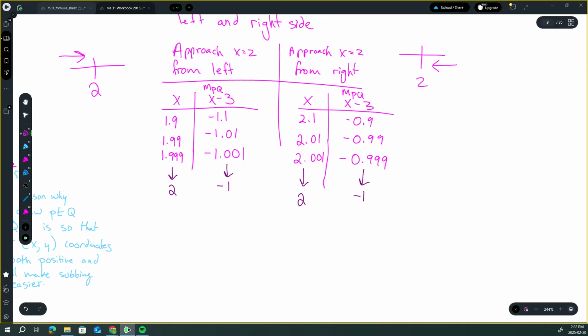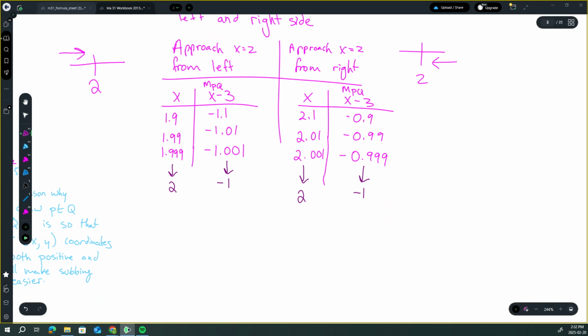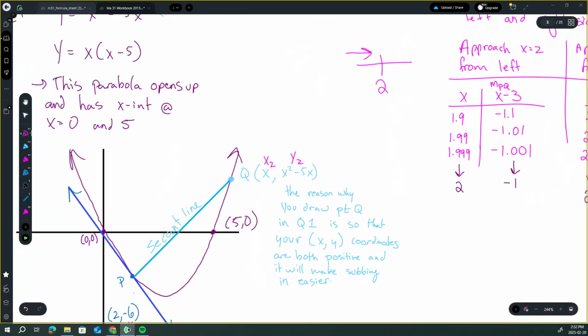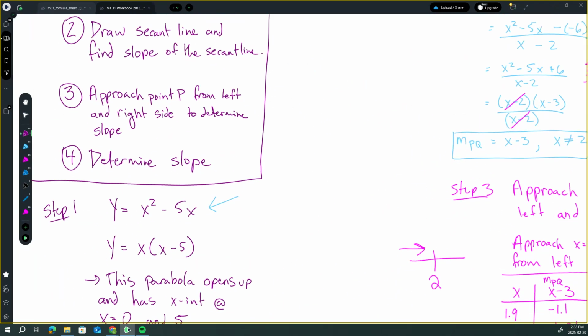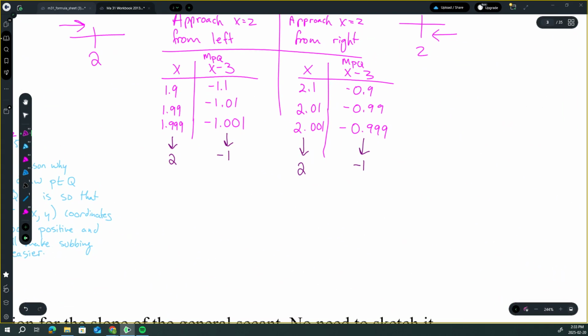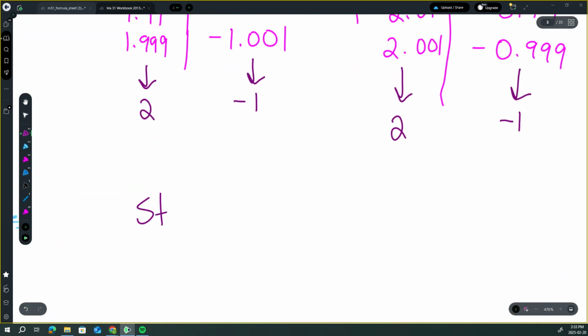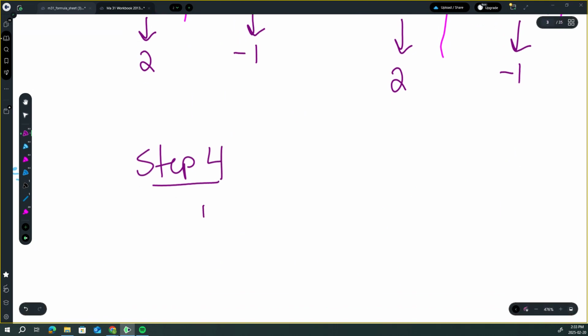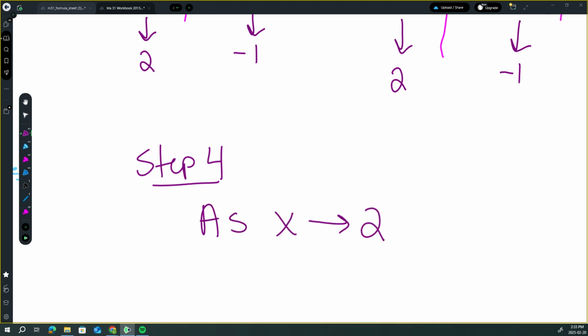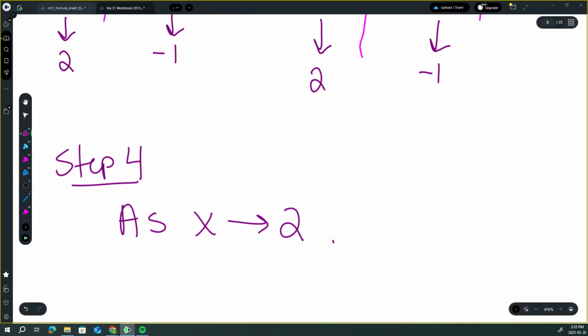So in conclusion, this will be your step 4, which is the determine slope part. As x approaches 2 from both the left and the right hand side, slope approaches negative 1.